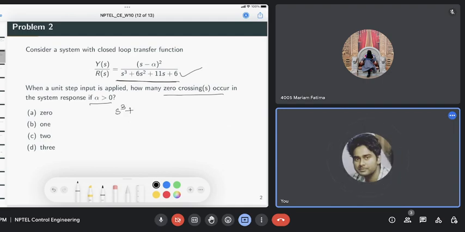So we are given s cubed plus 6s squared plus 11s plus 6. This is the characteristic equation, that is the term from the denominator of the closed loop transfer function. So we can just factorize this.